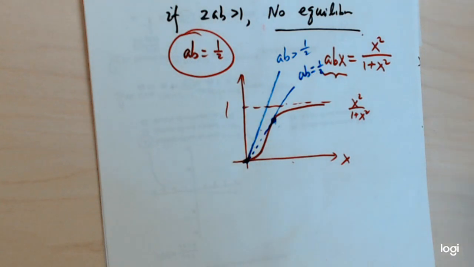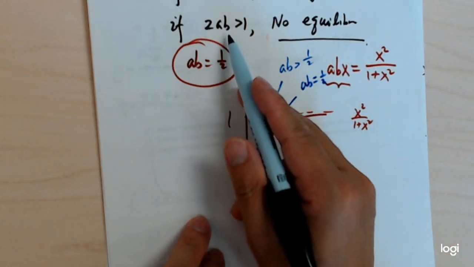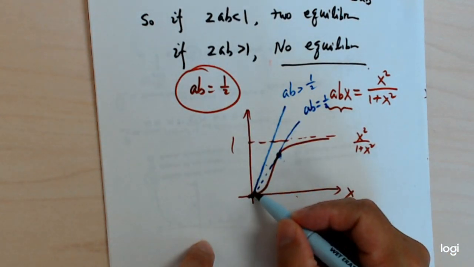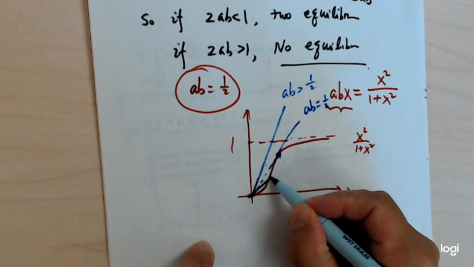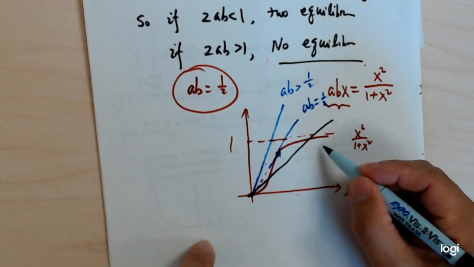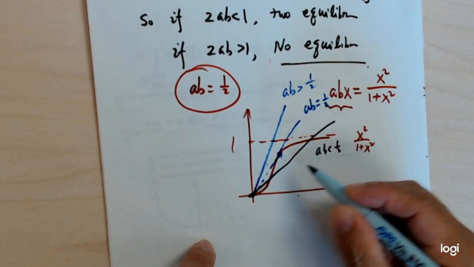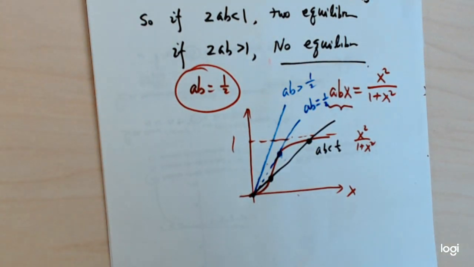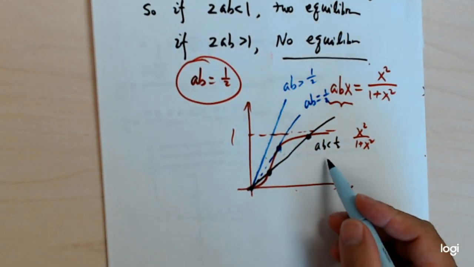And the third scenario is when ab is less than 1/2. So there will be 2 more additional equilibriums that come out.